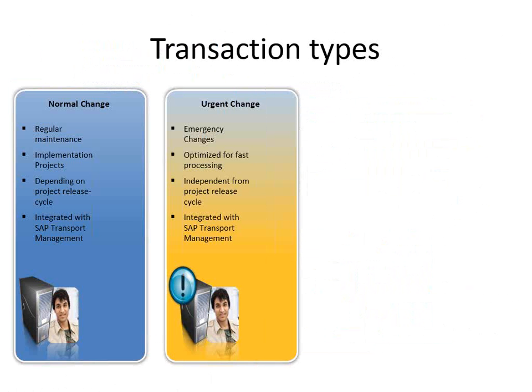So I already told you about the transaction types we have in Solution Manager: the normal change and the urgent change. Urgent change will go in the Wednesday window as well, and if they have any urgent item in the daily window, they will process it through the urgent change.